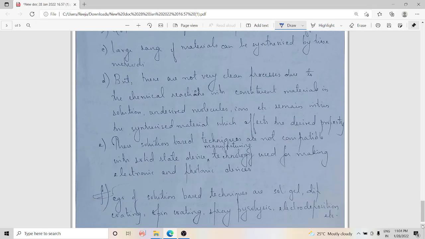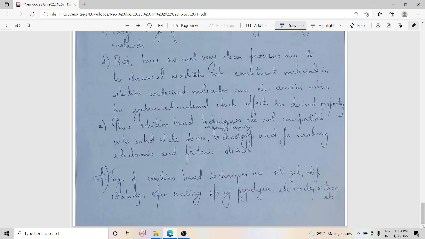A large range of nanomaterials can be synthesized by this method, but it is not a very clean process, unlike the vacuum-based non-lithographic synthesis techniques, because here the chemical reaction of the constituent precursor materials in the solution can result in so many products, all of which will remain in the solution and will affect the desired nanomaterial which is going to be synthesized.